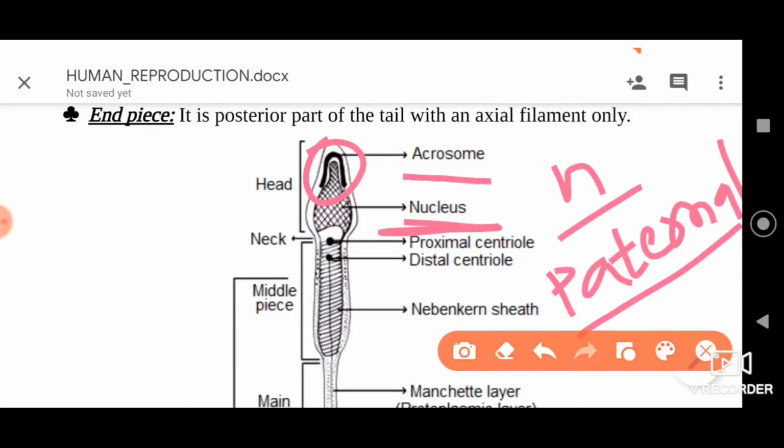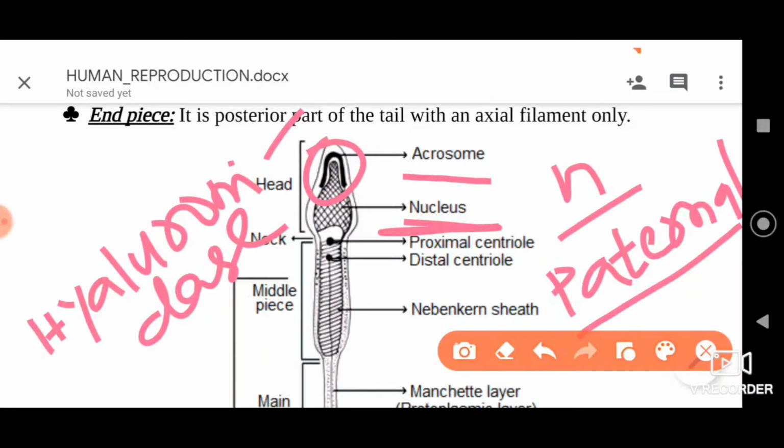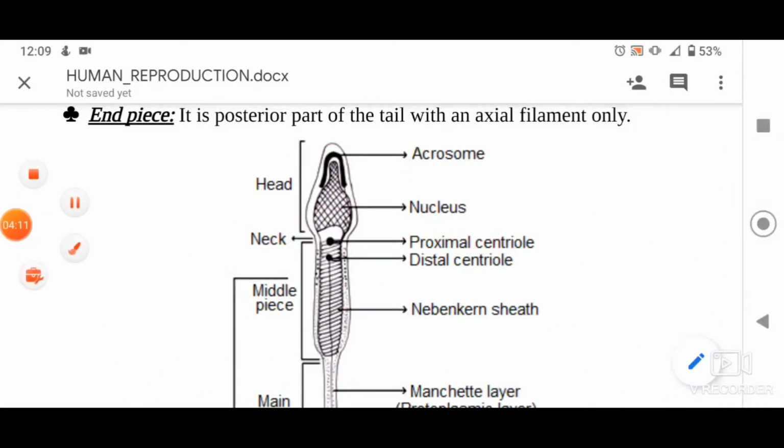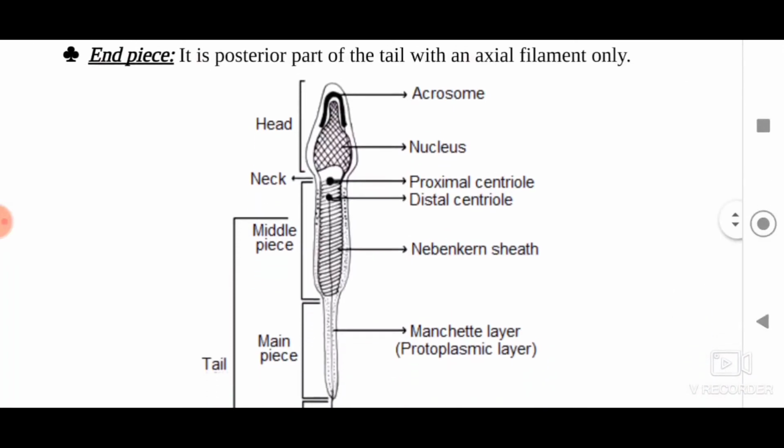The acrosome is very rich in important enzymes which help in the fertilization process. It is rich in hydrolytic enzymes like hyaluronidase, firstly, followed by proteinase also, which are very necessary, as I said, for the fertilization process to occur.